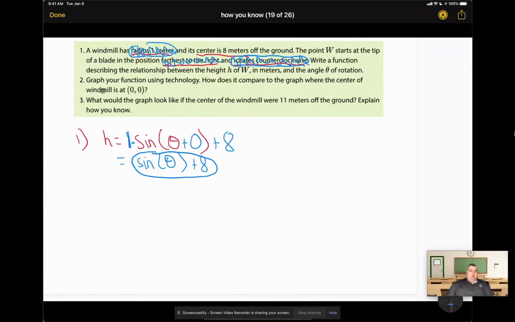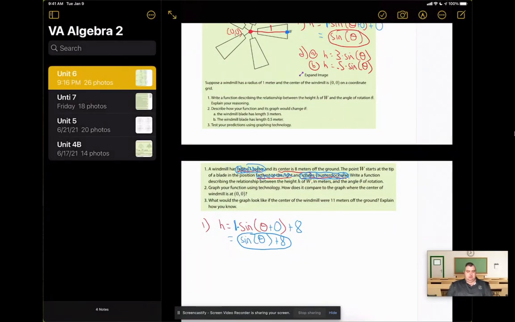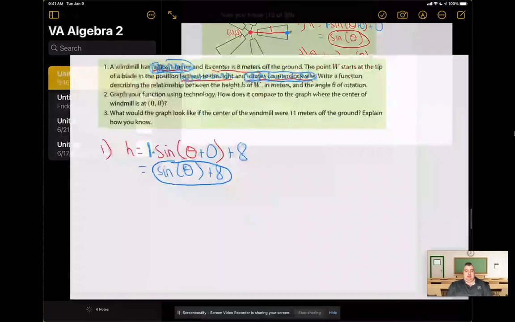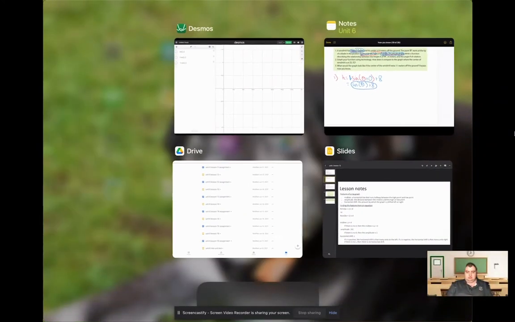Number 2, graph your function using technology. How does it compare to the graph where the center of the windmill is at 0, 0? So remember, when the center of the windmill is at 0, 0, it's just going to be, and we saw this before, sine theta.